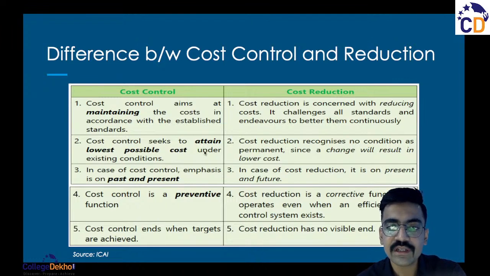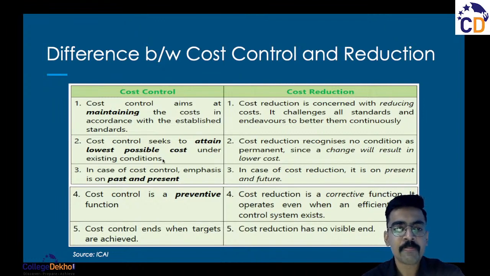So this is important, that the existing conditions keep on existing in the same business: under the same existing conditions, what is the lowest possible cost that the company could pay for the same amount of raw materials. Now here, cost reduction recognizes no condition as permanent, since a change will result in lower cost. We have understood this.